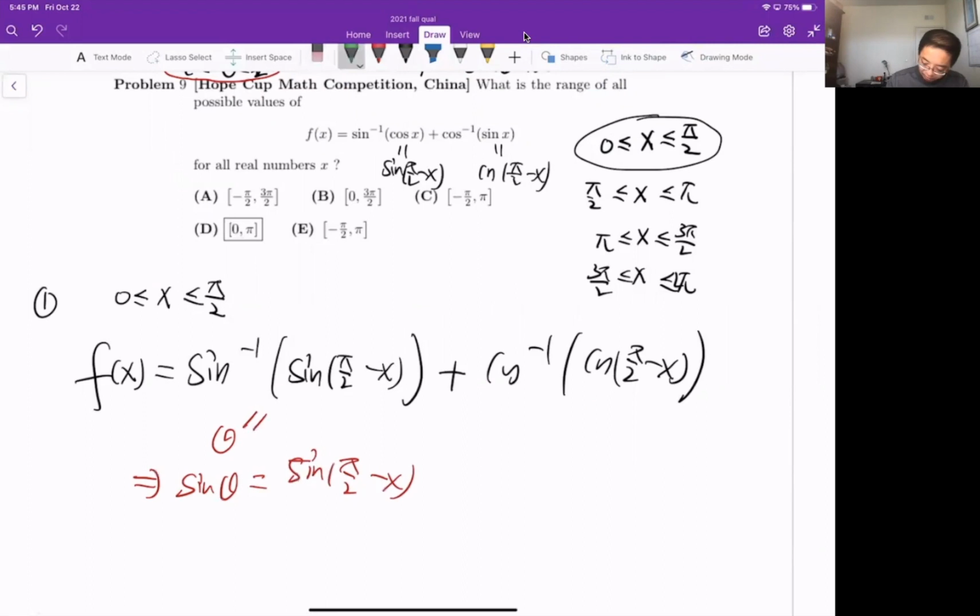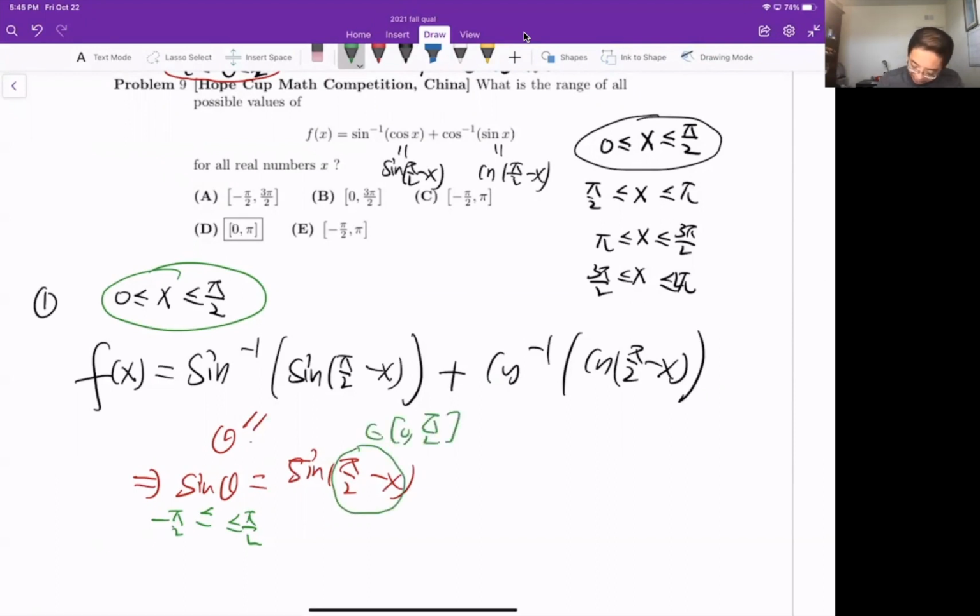We need theta to be between -π/2 and π/2. Now, when x itself is between 0 and π/2, we know this is already in the range from 0 to π/2. Therefore, we can choose theta to be the same as π/2 minus x. Here it is similar: this is already in the range from 0 to π/2, so this also equals π/2 minus x.